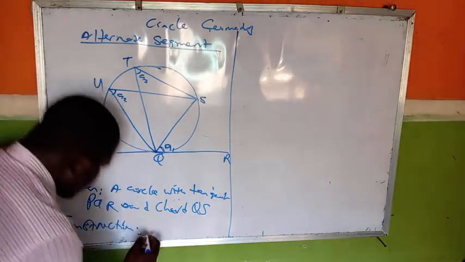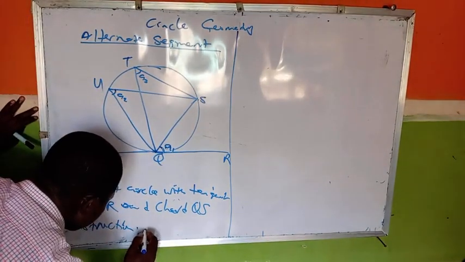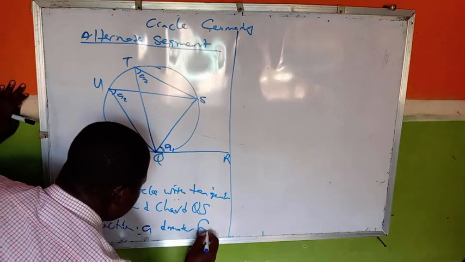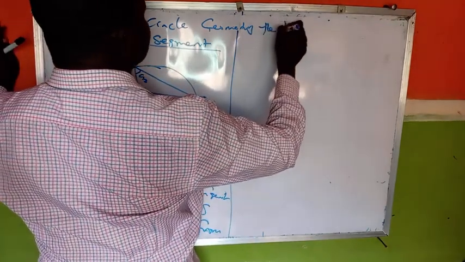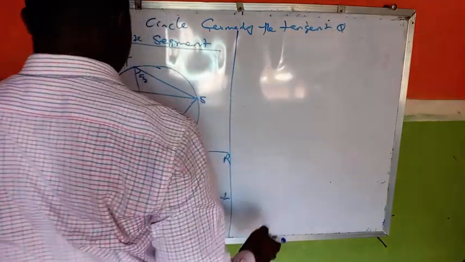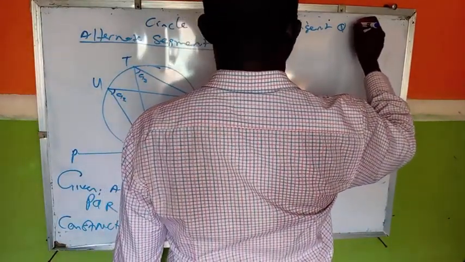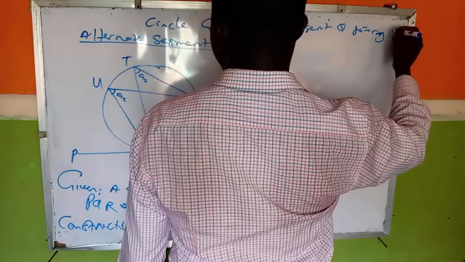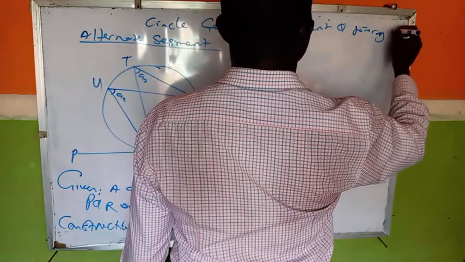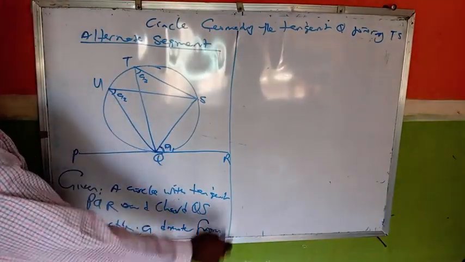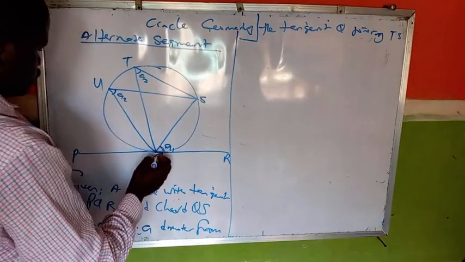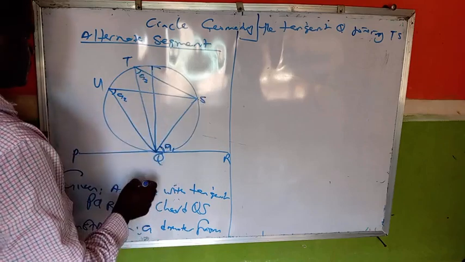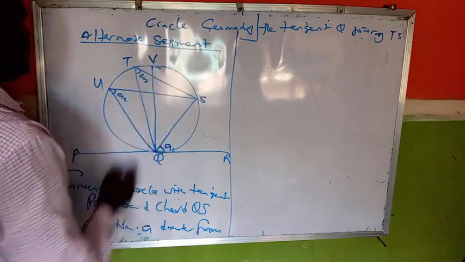Let's construct a diameter from the point of tangency Q. What you want here is to construct a diameter that will join this line here. So you call this one V.